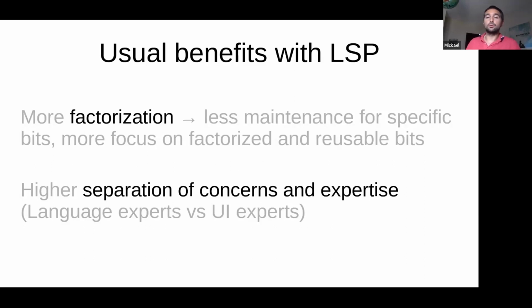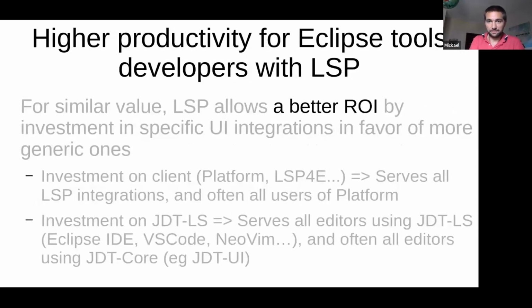And there are people who are more user interface experts, who are better at putting the right dialogue at the right place and so on. And this LSP approach allows a better separation between both, which allows people to work more easily on what they are most interested in and most efficient at. And these benefits apply as well to the deployment we've done in Eclipse IDE JDT-LS.